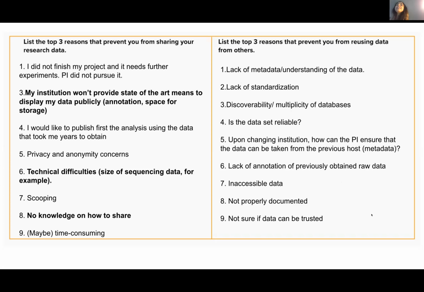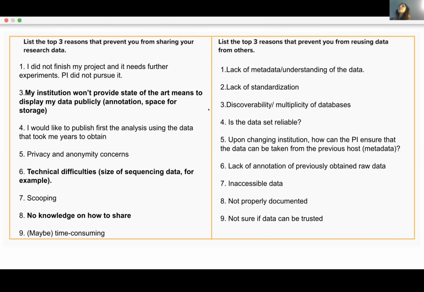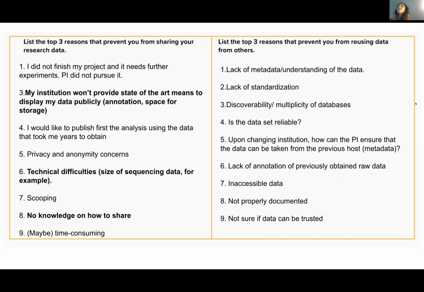So I think that we could discuss this for a long time, and we will have other opportunities to bring these topics back to the table, but it is getting past our time, and I would still like to address the other side: the reasons that prevent you from reusing data from others. My take on these reasons would be, for us as a group and as a community, to reflect on these things.